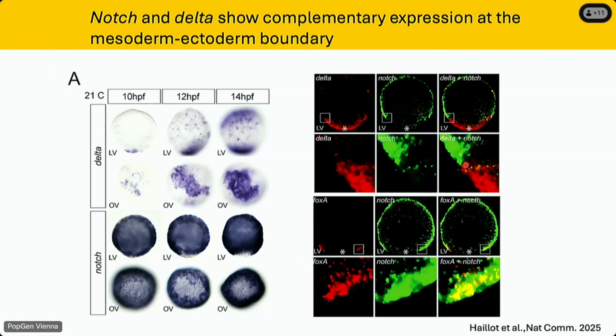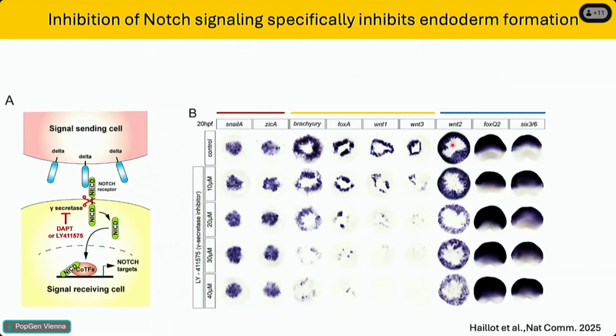Since you don't know from these pictures where that boundary is, whether it is between mesoderm and ectoderm or between endoderm and ectoderm, we used FoxA as another marker for endoderm, and then double in situ with Notch, we see that Notch and Delta overlap at this boundary. So we know that this boundary is actually between mesoderm and ectoderm. Okay, that is just a correlation, but we can also manipulate this Notch pathway.